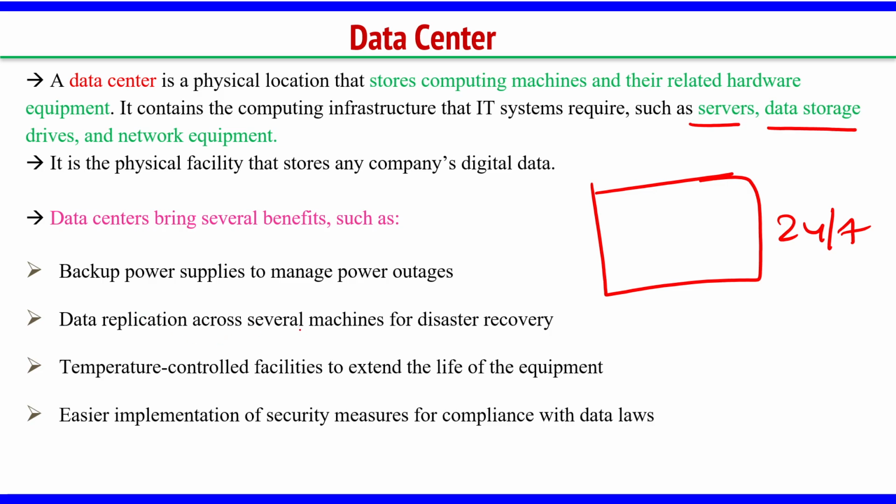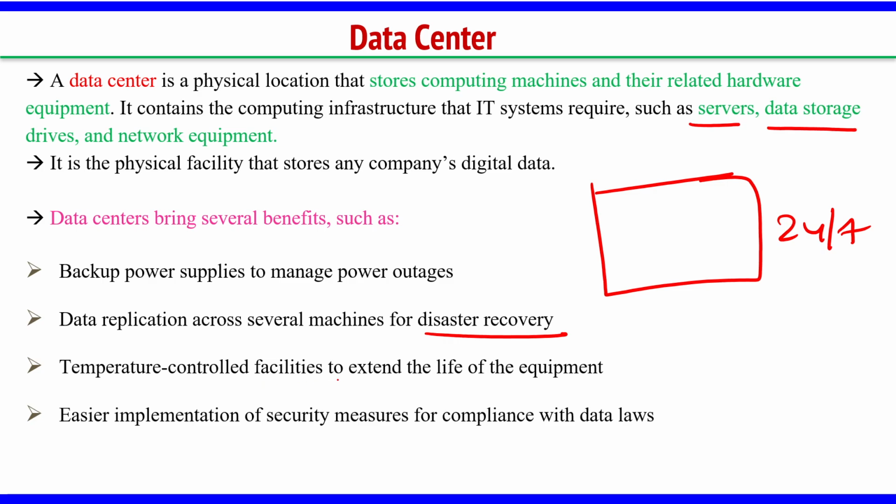Data replication across several machines for disaster recovery. In a data center, they maintain backup also. Since you are trusting the cloud provider who says your data is available with us, it will never be lost. Why? Because they have multiple copies of your data as backup. That is also taken care of by the data center.